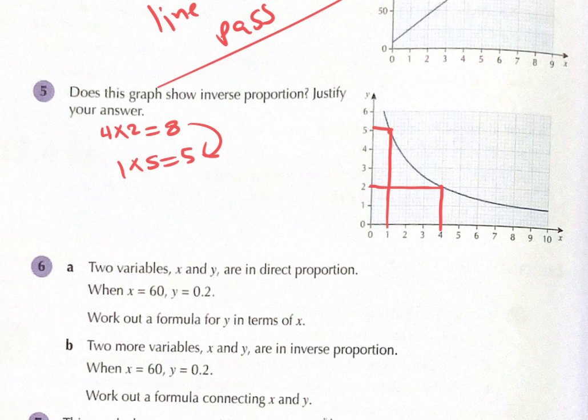So this is not inverse. This is not direct, of course. So this is not inverse because the product is not constant. For inverse, the product should be the same number. So this is not inverse, because x times y is not constant.